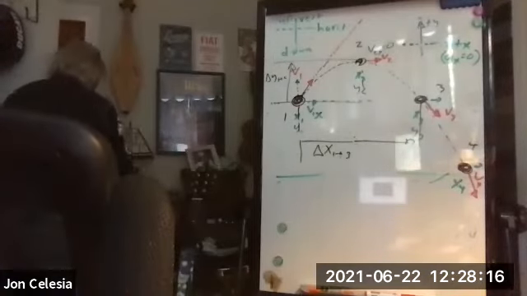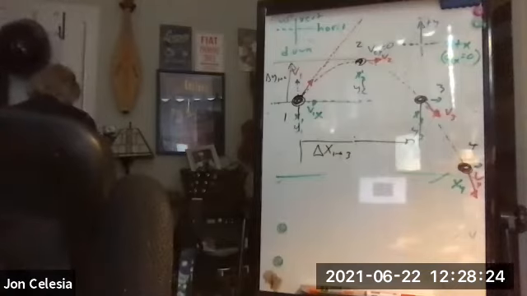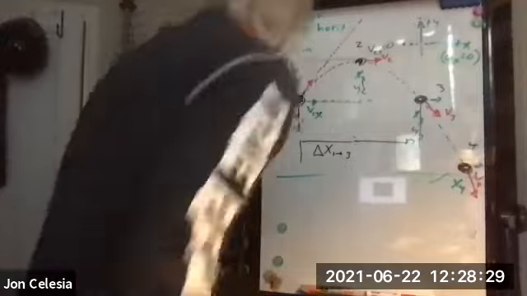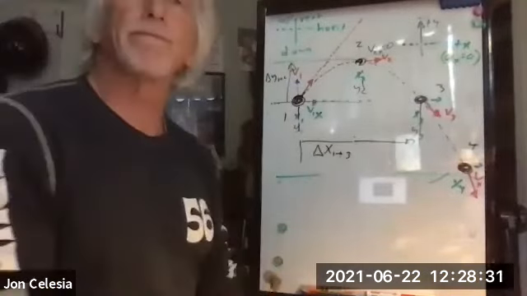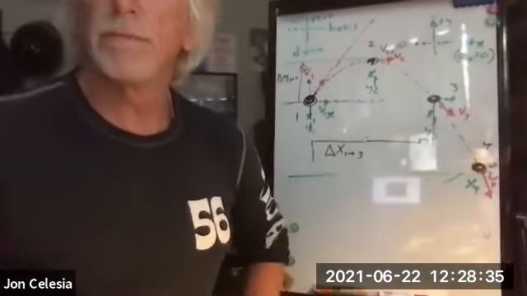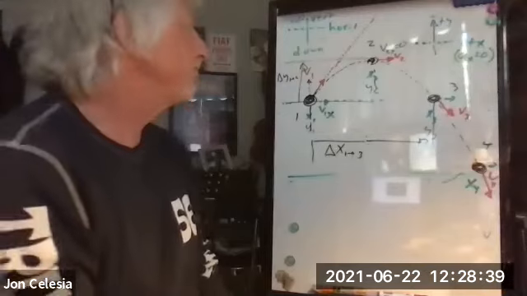What is delta y 1 to 3? No. Delta y 1 to 3. Anybody? Is that the distance or the displacement? Displacement. Yeah. And how much is it? Give me a number.